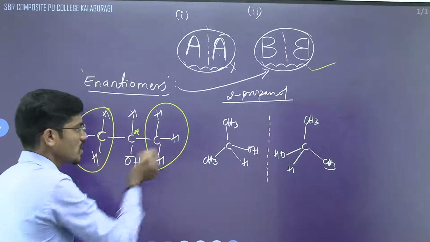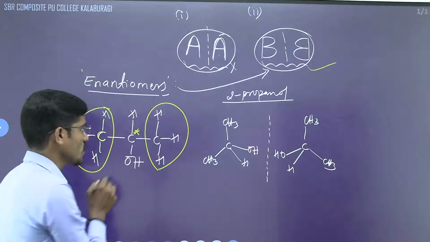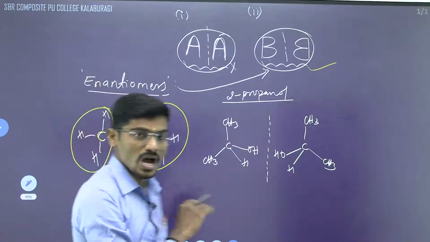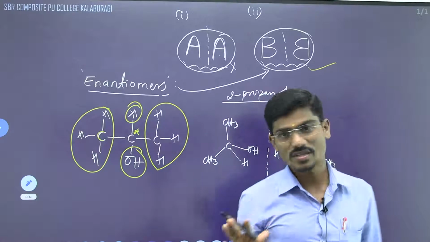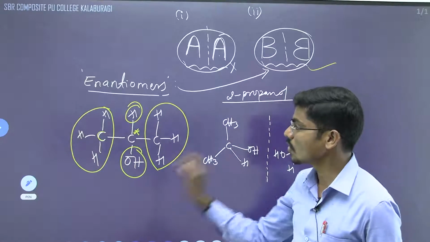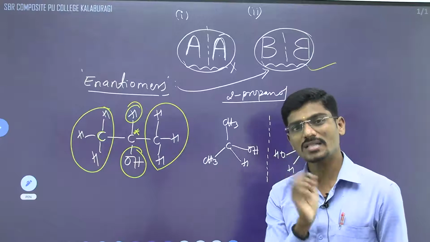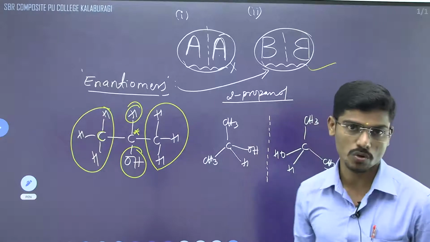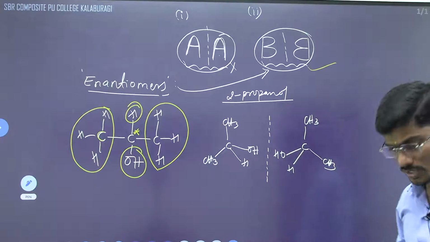Here two groups are the same, CH3 and CH3, and hydrogen and OH are different, but all the 4 groups are not different. Therefore this carbon is not an asymmetric carbon atom, therefore it is not an optically active compound.